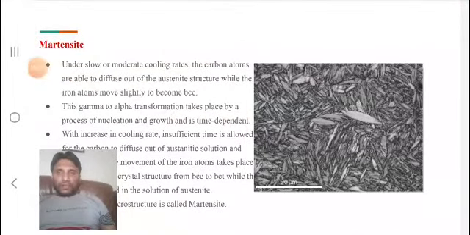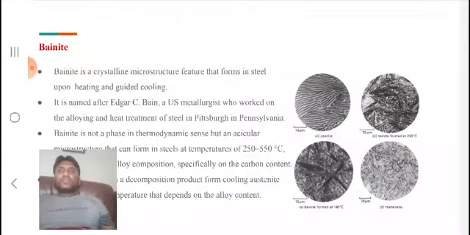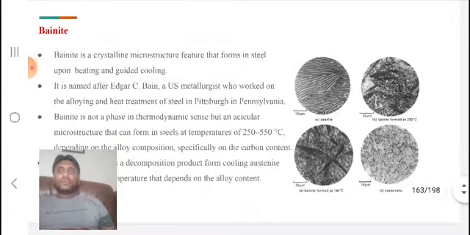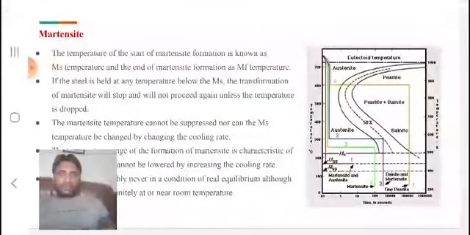So this is the martensitic structure, and then we will be discussing the bainite. Bainite is a crystalline microstructure feature that forms in steel upon heating and guided cooling. Bainite is formed, as we can see in this diagram.